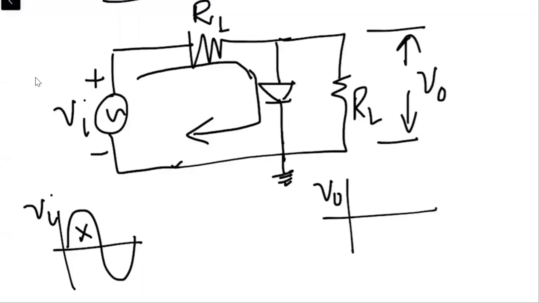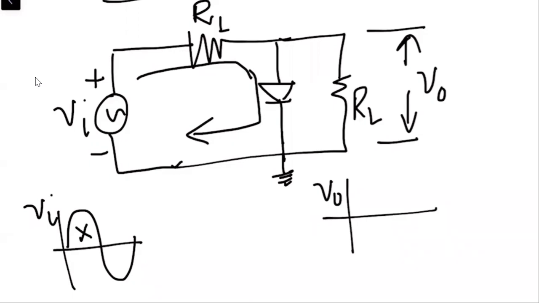Okay, so if this is the condition, what is going to be the output? We are taking the output across the diode and the load resistor RL, and we are considering the diode as an ideal diode. So what does this mean?